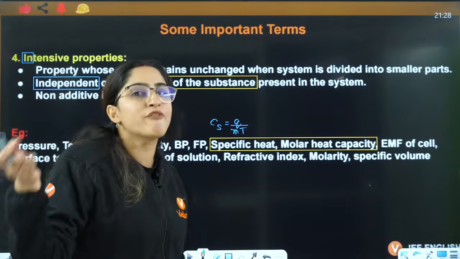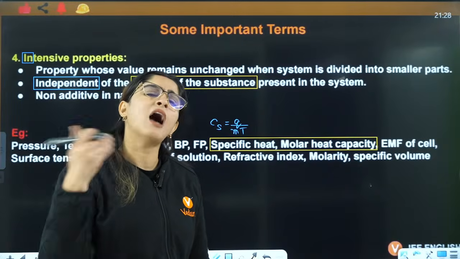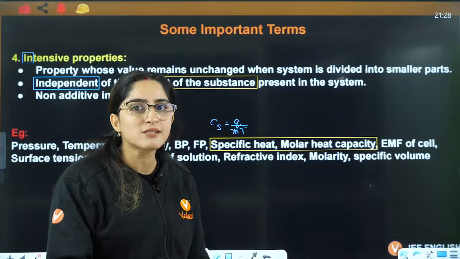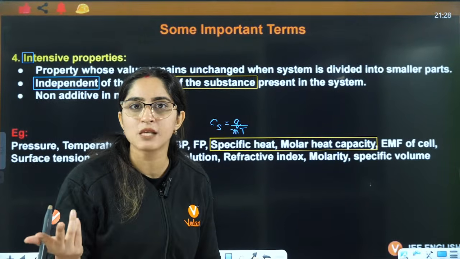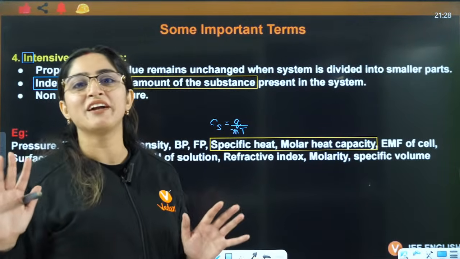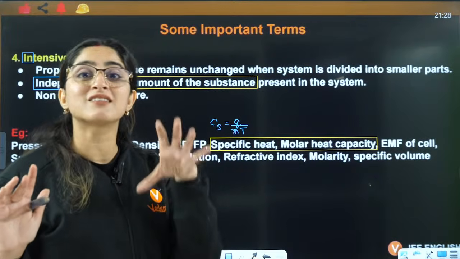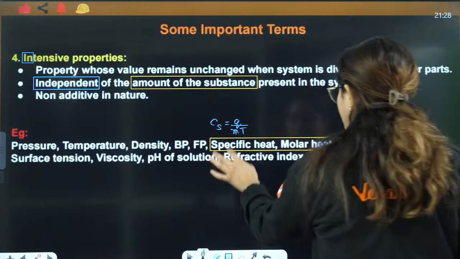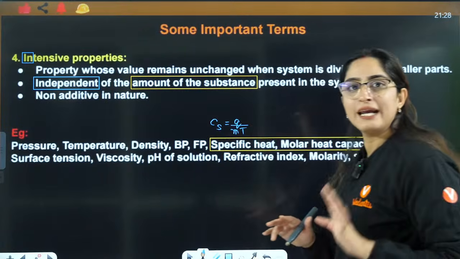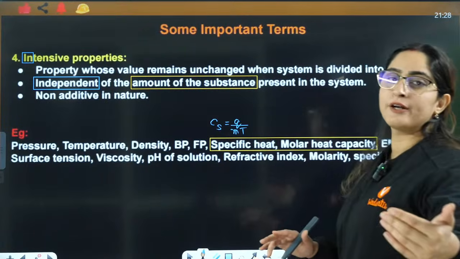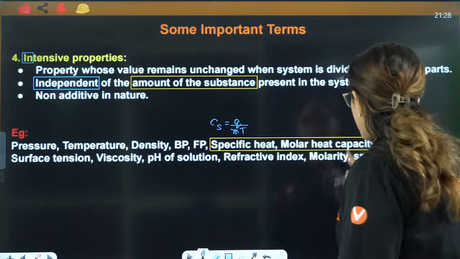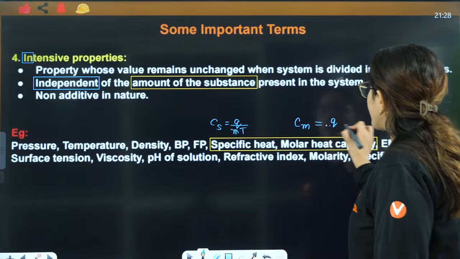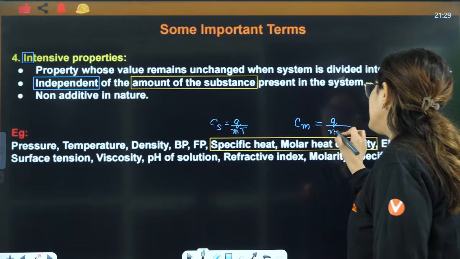If I have fixed the mass, then how come it will be dependent upon the mass? I have fixed that the mass is 1 kilogram. So now it is independent of the mass because I have fixed that quantity itself. That is why anything which is specific will be independent of mass, that means it is intensive. Molar heat capacity is represented by Cm equals Q divided by nT.